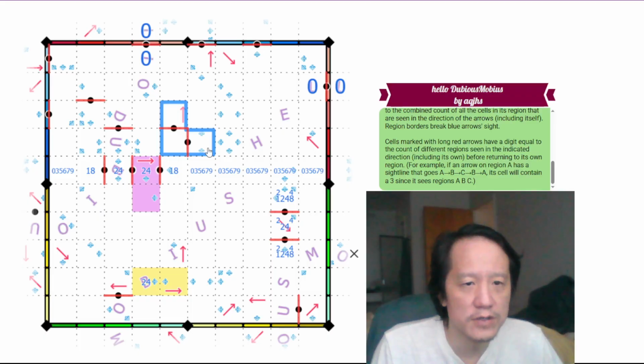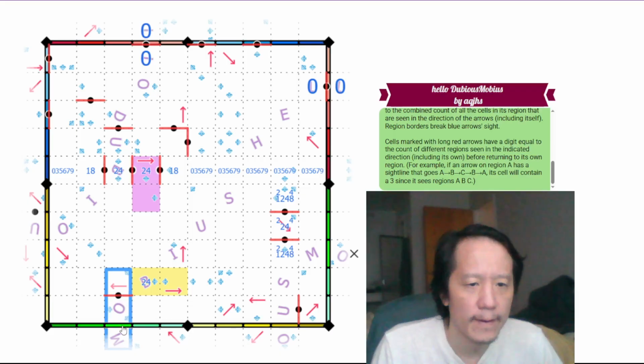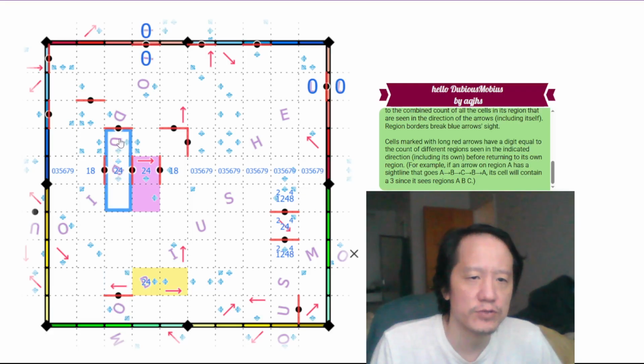These are in separate regions, so we don't know if this is a 1 to 2 ratio with each other. This is 1 to 2 ratio. So one of these 1 to 2 ratios here.